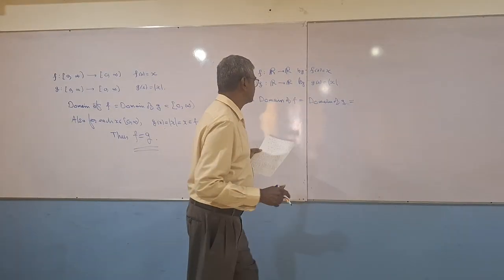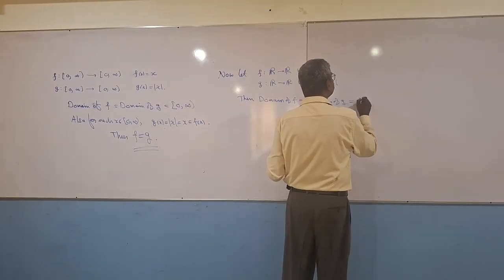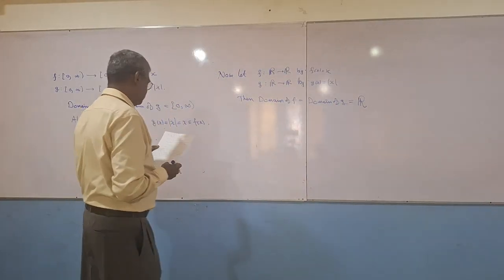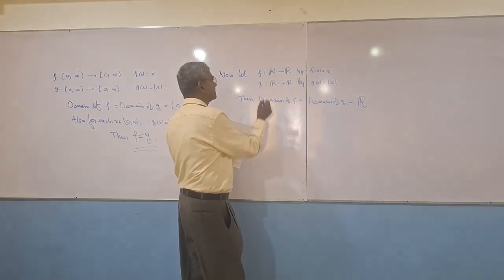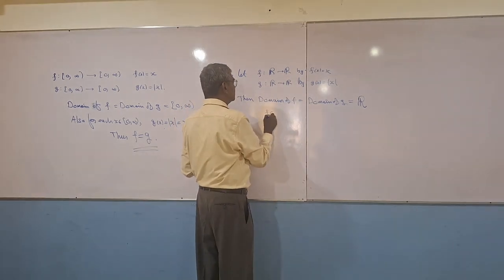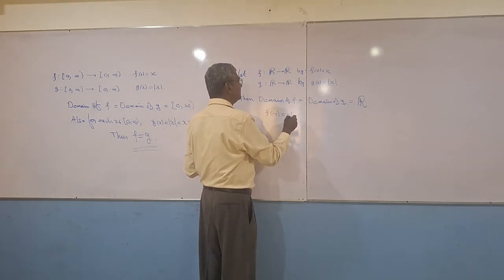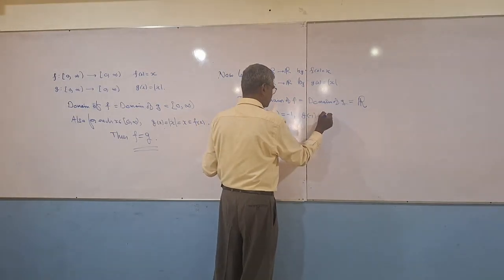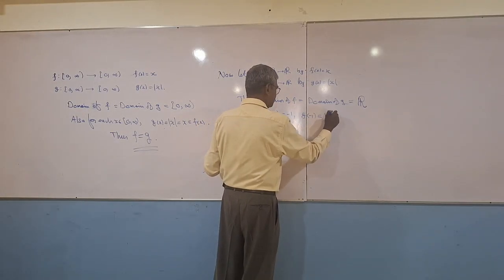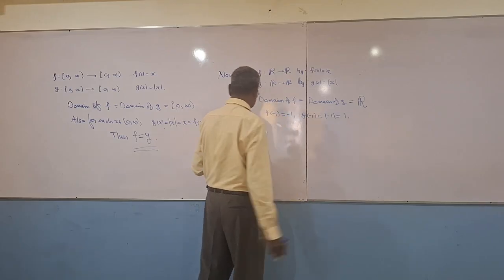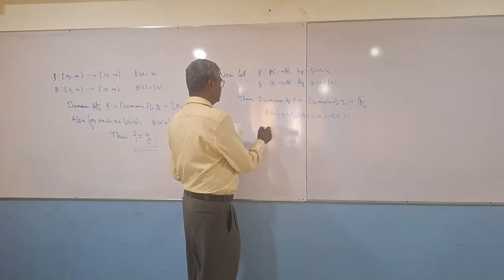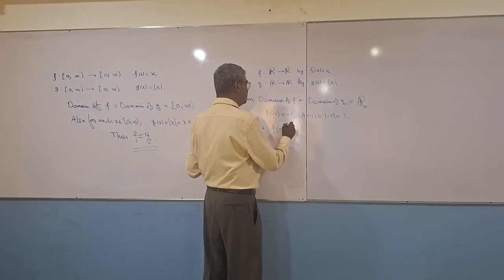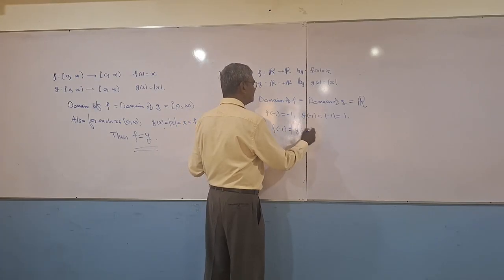Domain of f equals domain of g is equal to R. f of minus 1 is, in this case, minus 1. g of minus 1 is the absolute value of minus 1, which is 1. So f of minus 1 is not equal to g of minus 1.